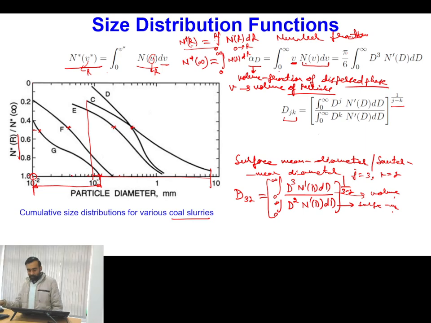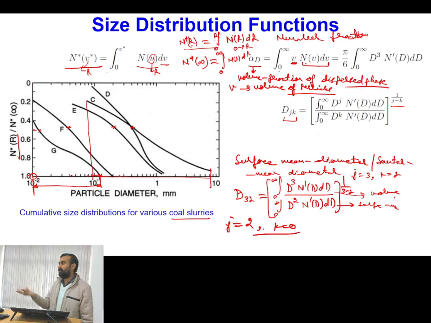So if you have to calculate the mean surface diameter, then in the numerator what do you require? Power of 2. So j I will take as 2 and k I will simply take equal to 0, because my only interest is calculating the mean surface diameter. Is this one clear? Likewise, we can also take the volume mean diameter, depending upon our requirement.